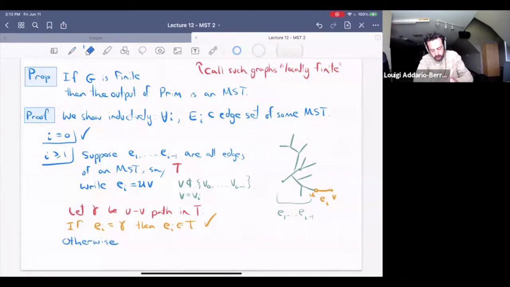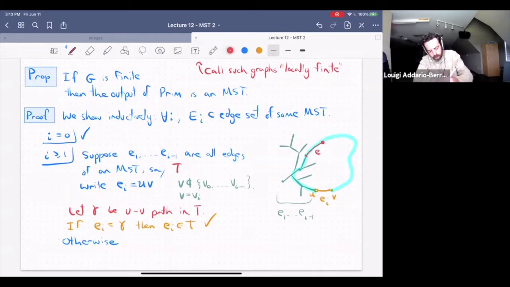let's think about what the path gamma does if not, right? Then the path gamma has to connect u and v in some other way. Maybe it goes over here and then out of the tree somehow and comes back to v, right? But then there's another edge over here that leaves the tree and is an edge of gamma.